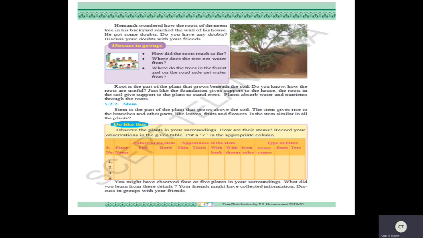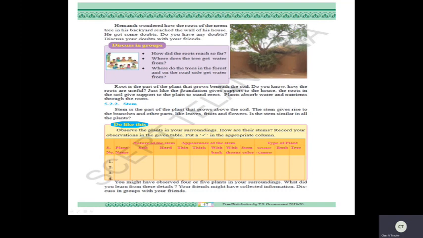Not only for this, roots are very important for the support of the plant to stand erect. Now see here, root is a part of the plant that grows beneath the soil. Beneath means under the soil.